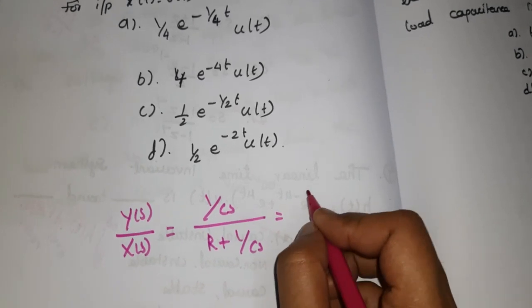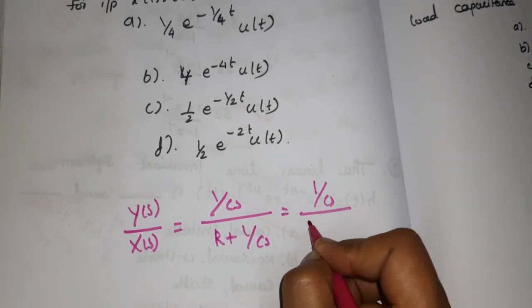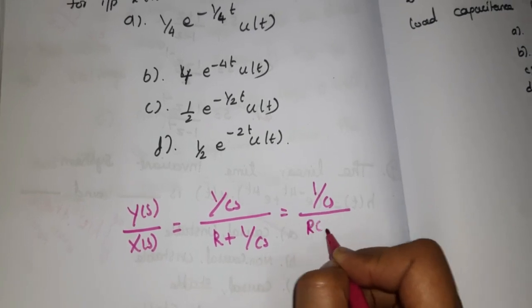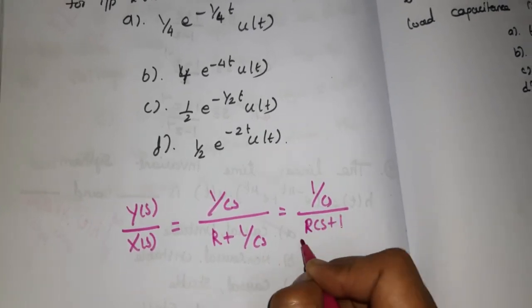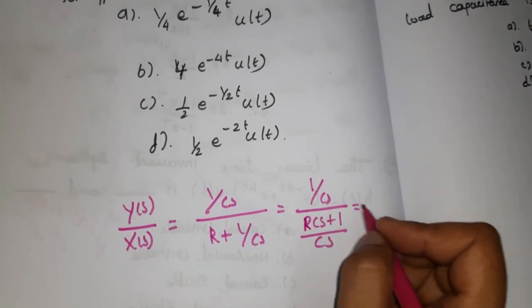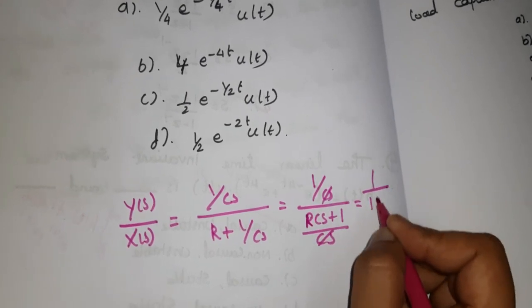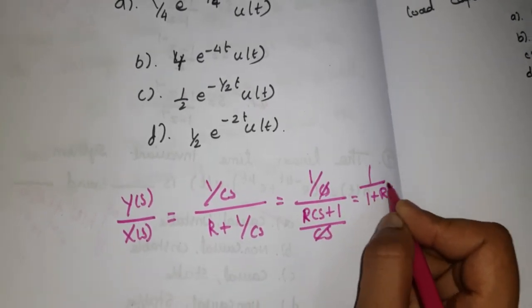Solving this, we get 1 by cs divided by (RCs plus 1) divided by cs. The cs cancels, and we get 1 divided by (1 plus RCs).